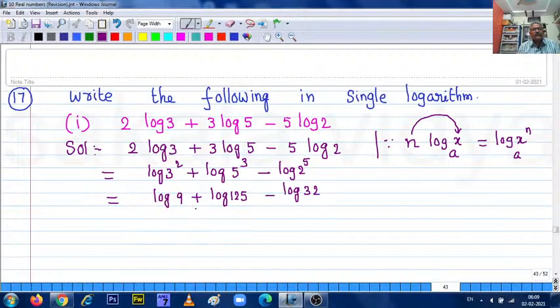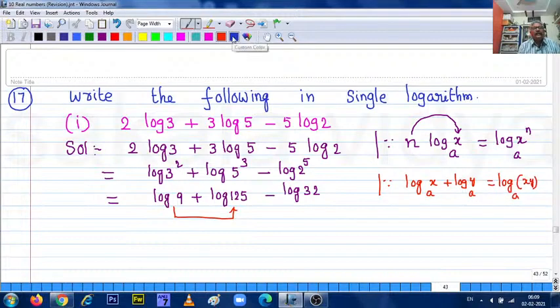First take the first two terms. These are in the form of log x to the base a plus log y to the base a. This is a formula. This we can write as log of xy, product of two numbers, to the base a. So that means log of 9 into 125 you can write.